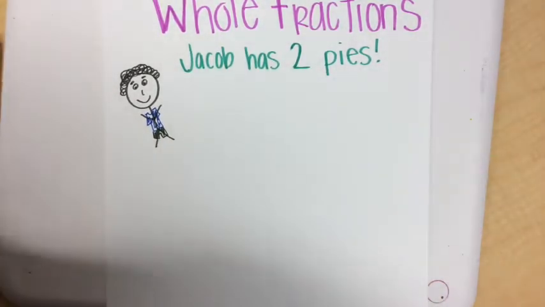All right, so Jacob has 2 pies. Let me draw these 2 pies.